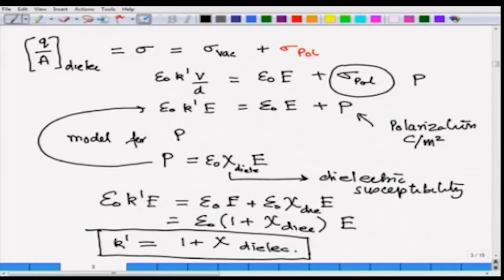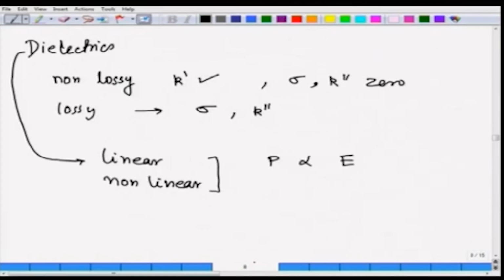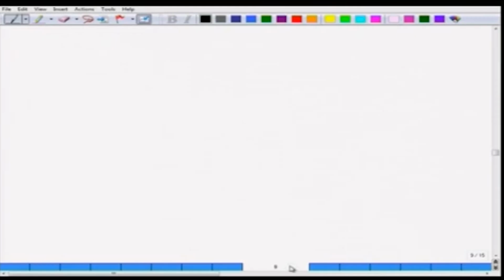The question is whether this dielectric susceptibility is also a function of E, or is it constant. This is the question we are addressing now. If it is constant, then it is a linear dielectric, and if it is not, it depends on E itself, then it is a non-linear dielectric. What I am going to cover today is linear dielectrics, and in the next lecture I will talk about non-linear dielectrics. So with this, let us start looking at the mechanisms for polarization.